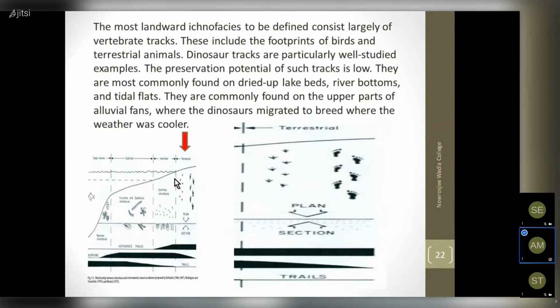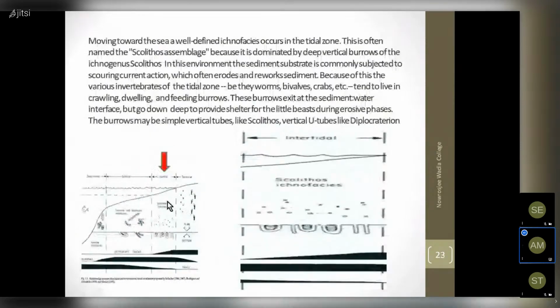Okay. Moving towards the sea, a well-defined ichnofacies occurs in the tidal zone here, the second section.